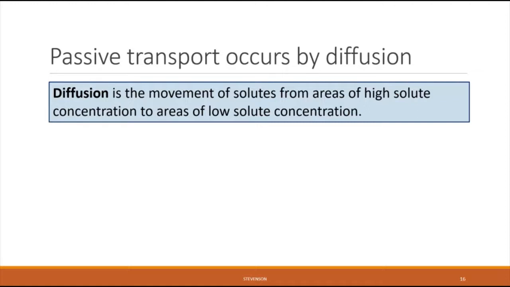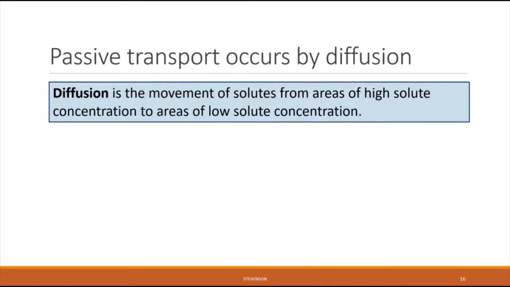Passive transport is more or less synonymous with a phenomenon known as diffusion. Diffusion is the natural tendency of molecules to move from areas where they are highly concentrated to areas where they are less concentrated. And in the definition that you see here, solute refers to a molecule that is dissolved, usually in water.